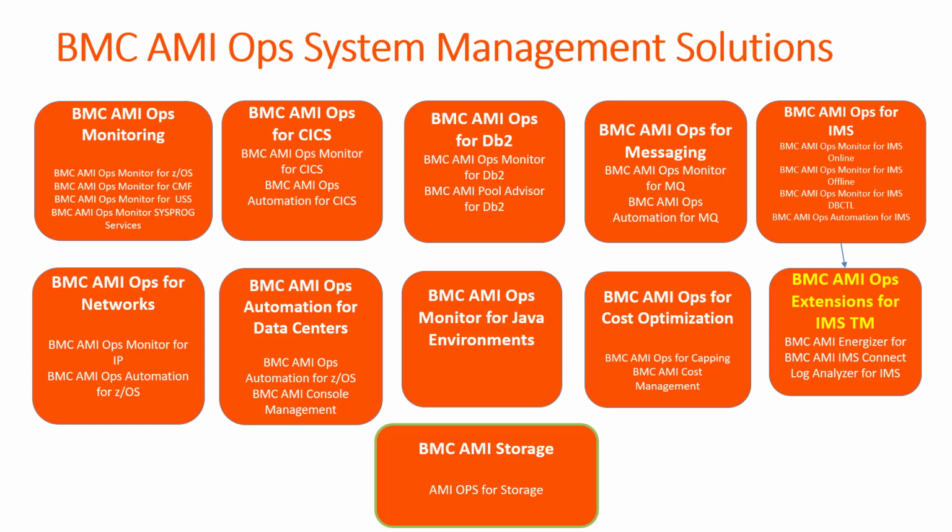BMC AMI Ops for Java, AMI Ops Monitor for Java environments, and AMI Ops Cost Optimization, which is AMI Ops for capping and AMI Cost Management. And AMI Storage is AMI Ops for storage. But the AMI Ops extensions for IMS TM are available as an add-on.